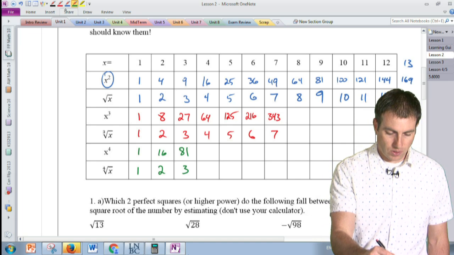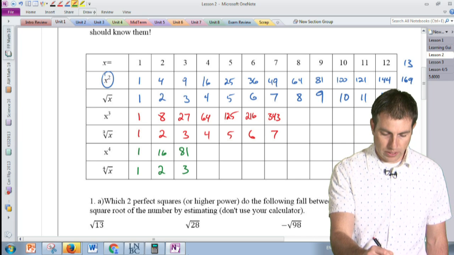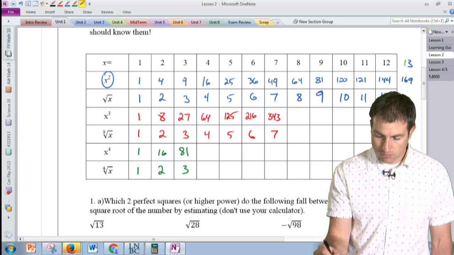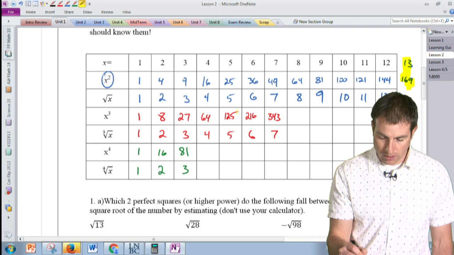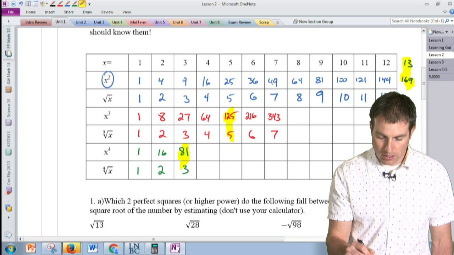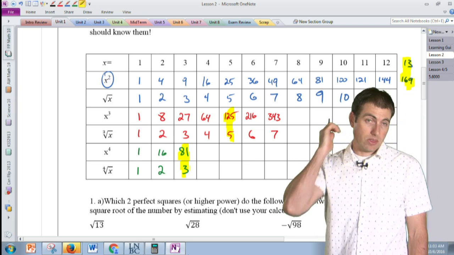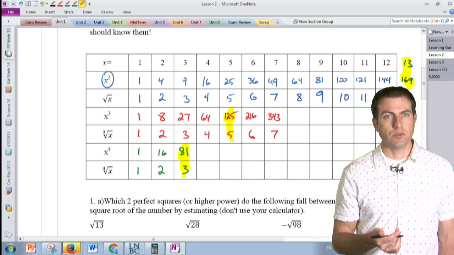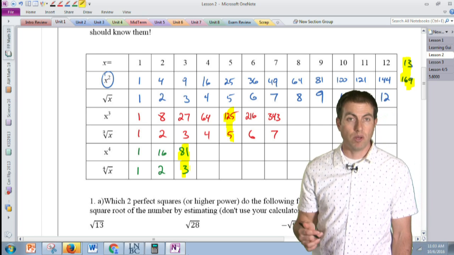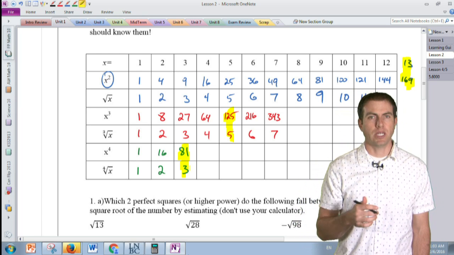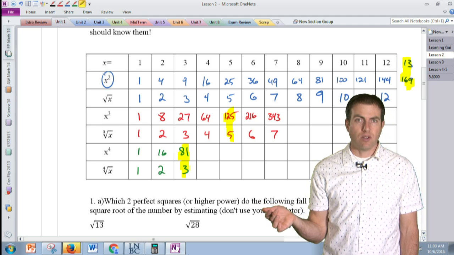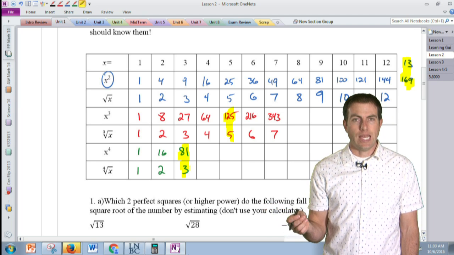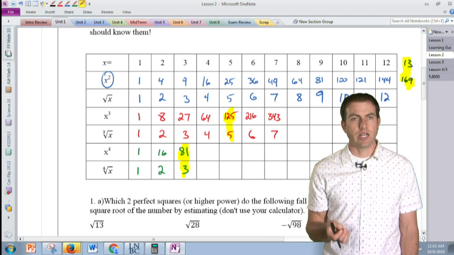All right. What is important here? You should know probably up to there, there, and there. These are the most commonly encountered ones that you are going to run into in Math 10. If you know them, like you know your multiplication tables, this stuff will just be pretty straightforward. And it's not like you need to sit there and memorize them.